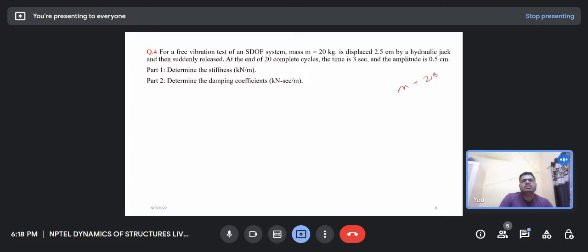So first you have to calculate the stiffness of the system. Can anyone tell me how we can determine the stiffness? If you have a simple system, with the period of the system and the mass of the system, can you calculate the stiffness?